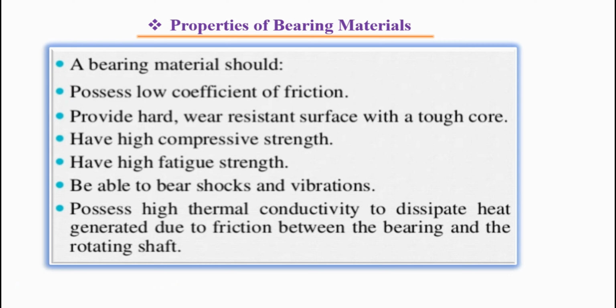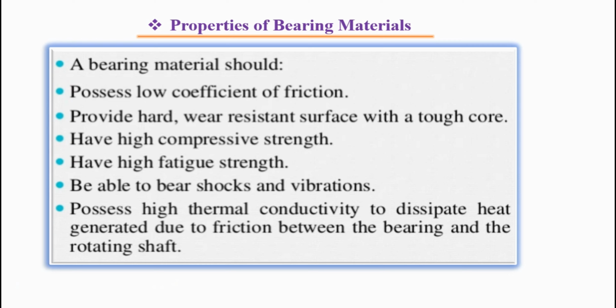Bearing material should possess a low coefficient of friction, then only is it possible to save your surfaces from wear and scoring. Then, it should provide a hard, wear resistant surface with a tough core. Its surface should be wear resistant so that it does not get worn out by friction.